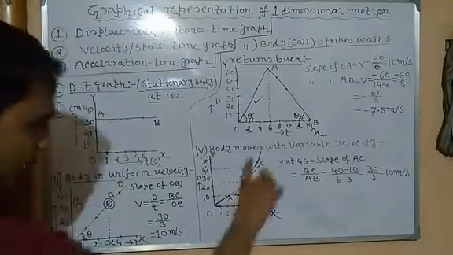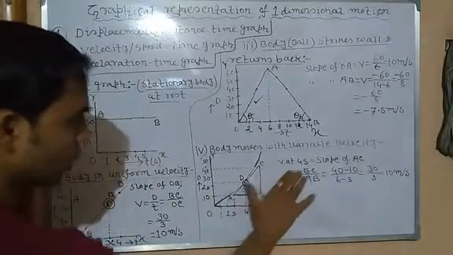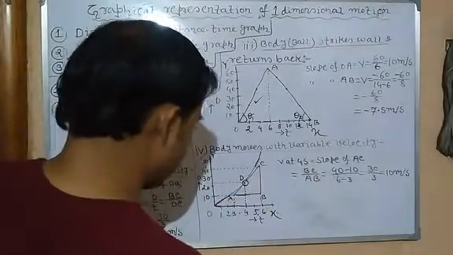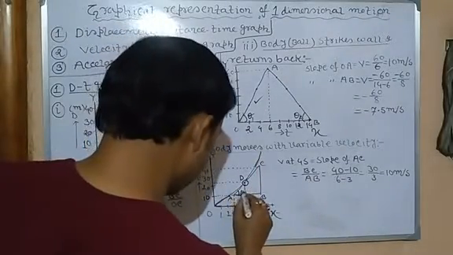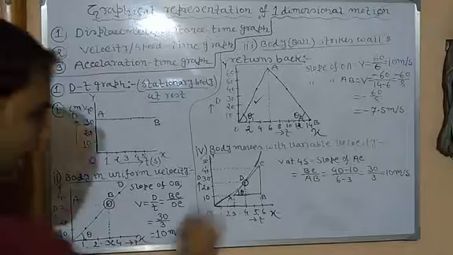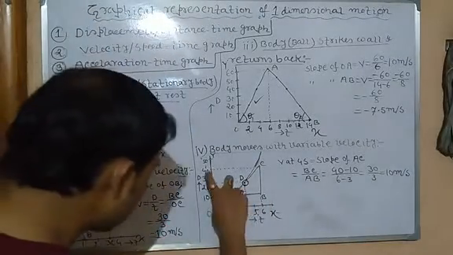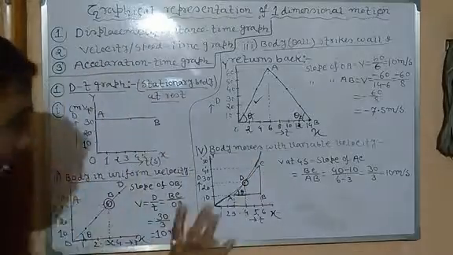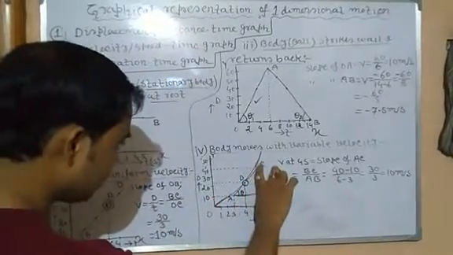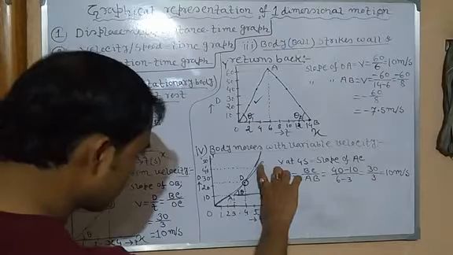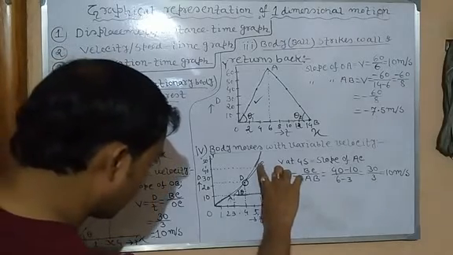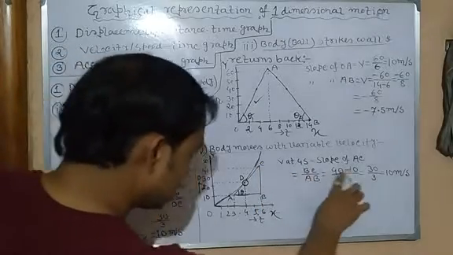Okay, in this, BC and AB, so this is 6 seconds. So the slope of line AC, clear? We can find this theta. So tan theta equals BC by AB. What is BC? This is 40 from the graph, clearly visible. So BC is equal to this distance minus this distance, 40 minus 10.